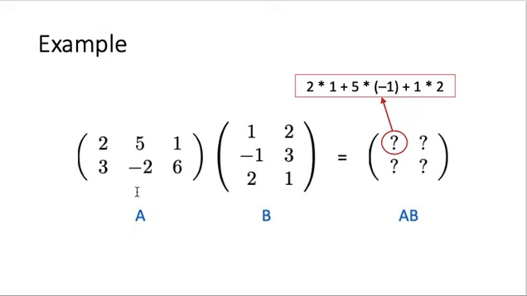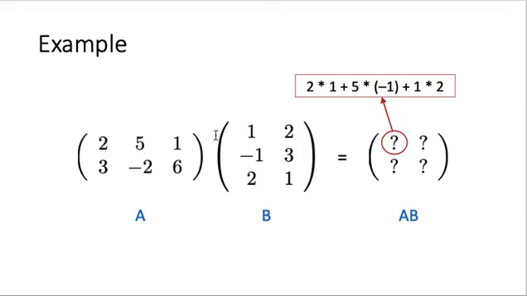So here is a small example. Here A is a 2 by 3 matrix and B is a 3 by 2 matrix. So the resulting matrix will be a 2 by 2 matrix, which has 4 entries. For each entry, let's say the upper leftmost corner here, to compute this value we take the first row of A and the first column of B and get the so-called inner product.